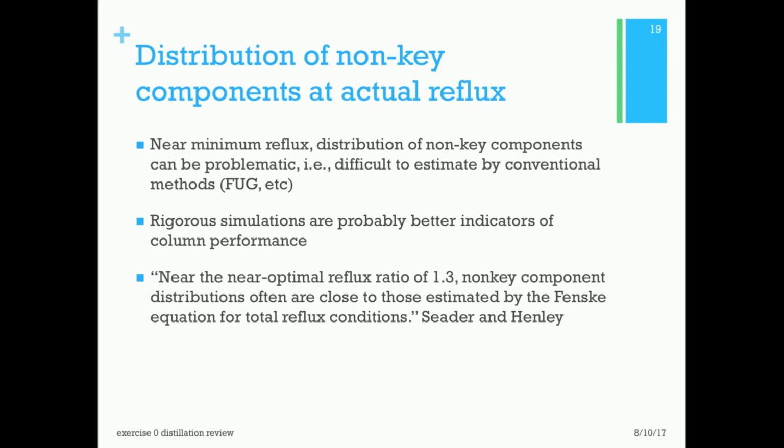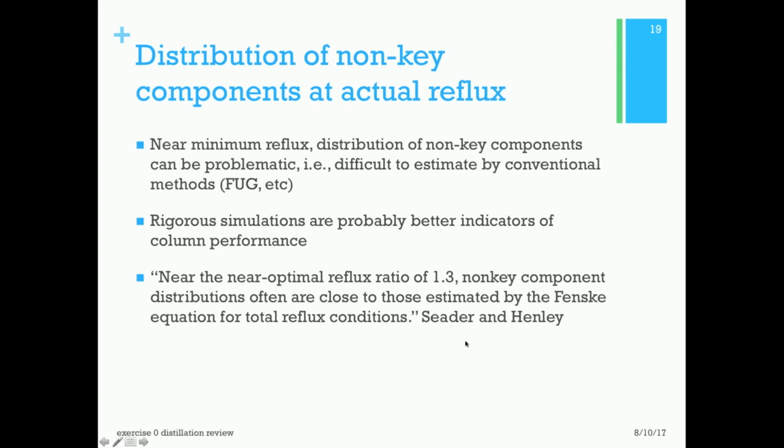Here are some things that will make it difficult to use this FUG calculation system on multi-component problems. When you're near reflux ratios that are near the minimum, the distribution of non-key components is often difficult to calculate. And so you really need to do tray by tray thermodynamic, energy and equilibrium balances to figure out what's going on.